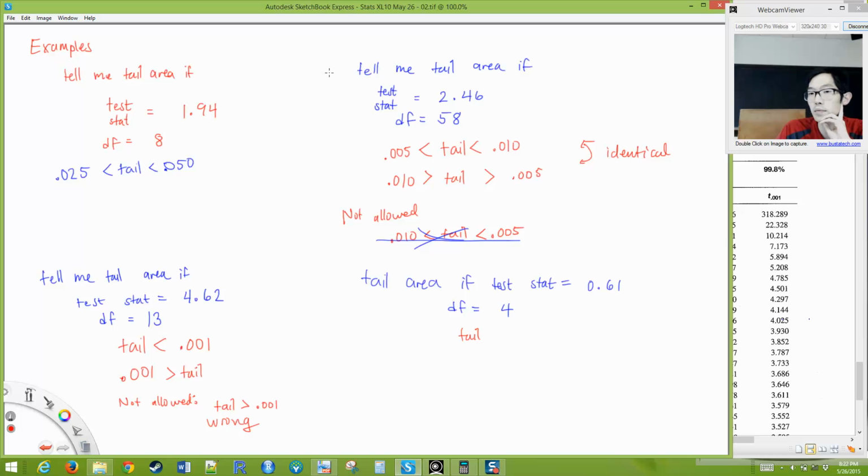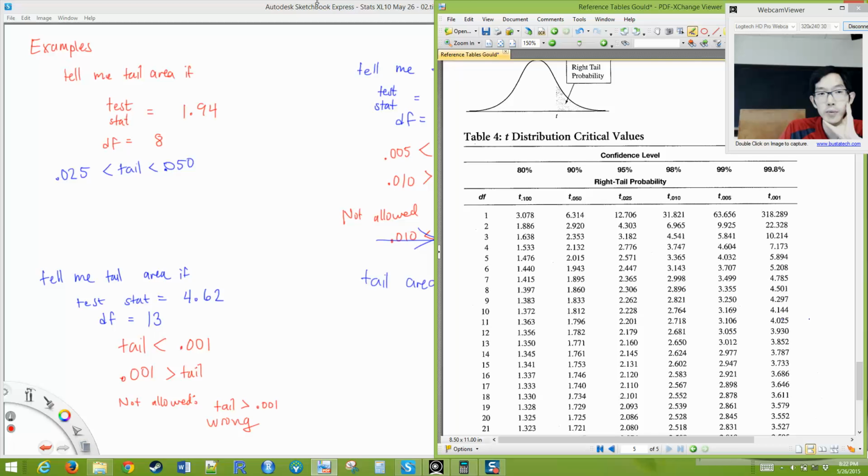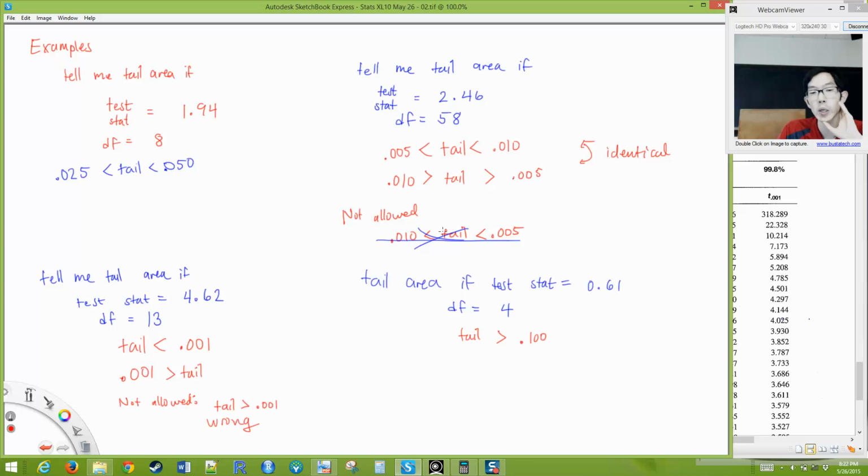Okay, so I'm getting my tail area is greater than 0.100, or just greater than 0.1. Is that okay with everyone? Yes or no? Okay, great.